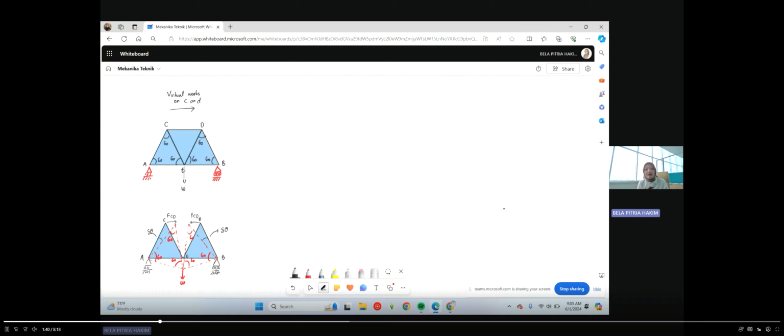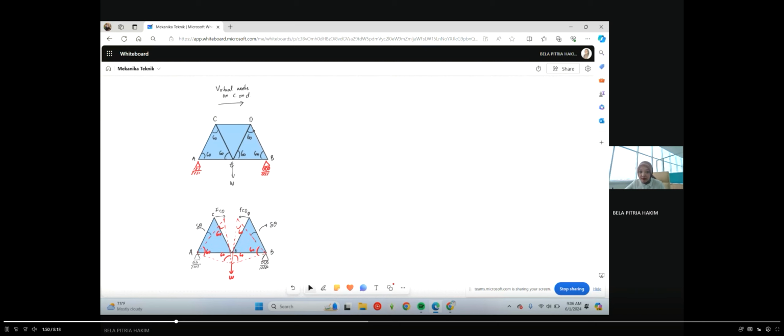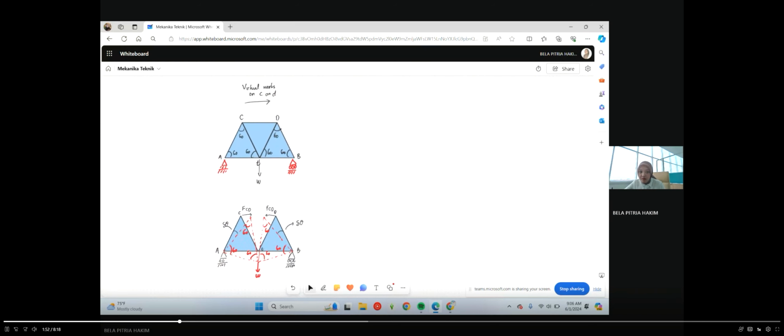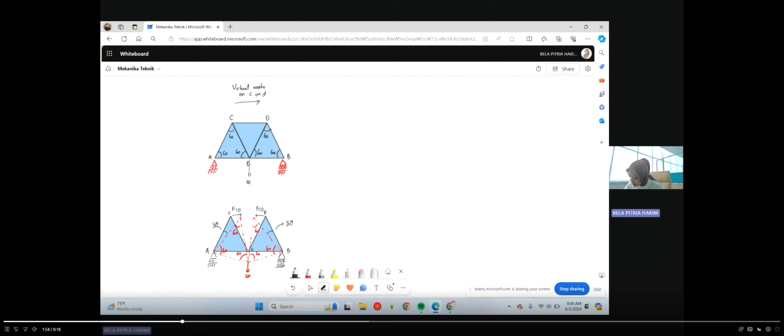And how do we compute this kind of situation? First we have to define that there are two kinds.